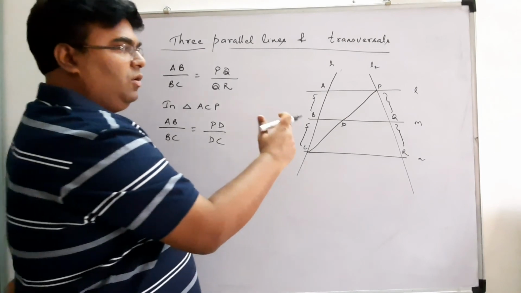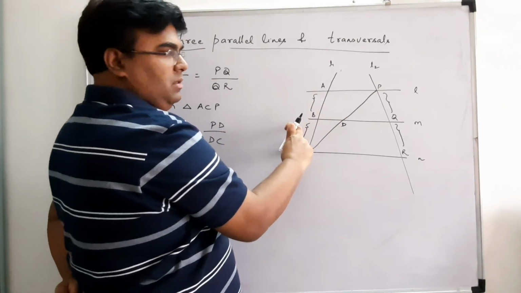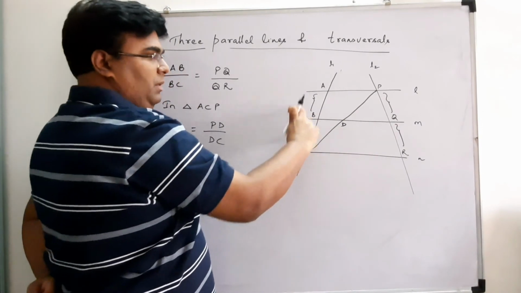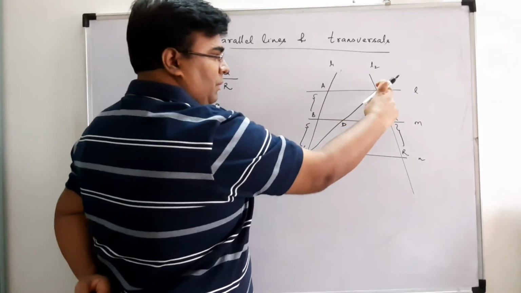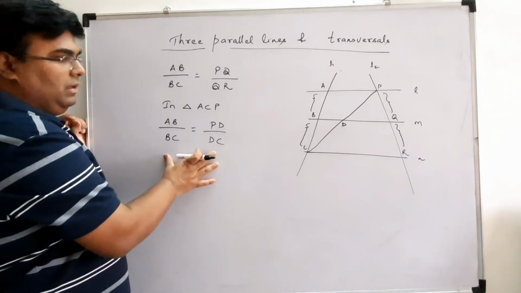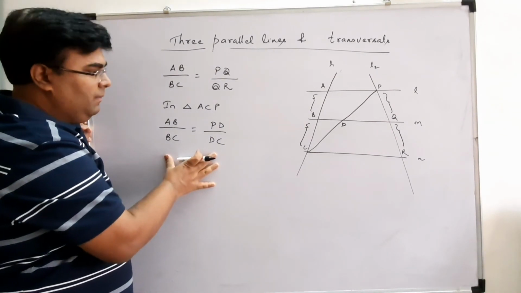You can write the reverse order also. In BPT what we have proved, CB upon AB is equal to CD upon DP. So you can write the reverse or reciprocal also. Correct? PD upon DC.